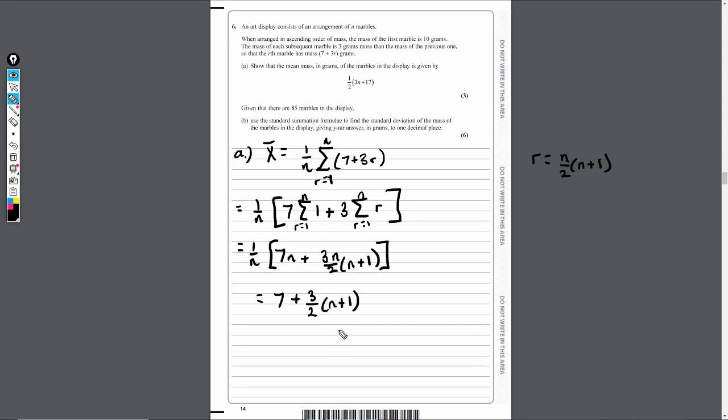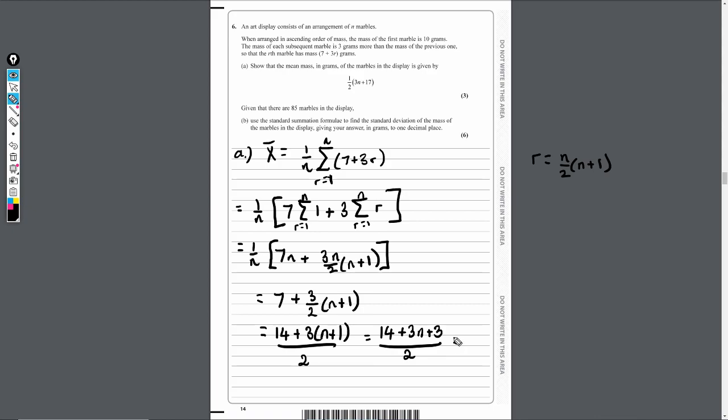Now what we need to do is just carry on simplifying. So if I get this over a common denominator, what I'm going to get is times it by 2, so that'll be 14 plus 3 lots of (n plus 1) all over 2. And now expand this, so that's equal to 14 plus 3n plus 3 all over 2.